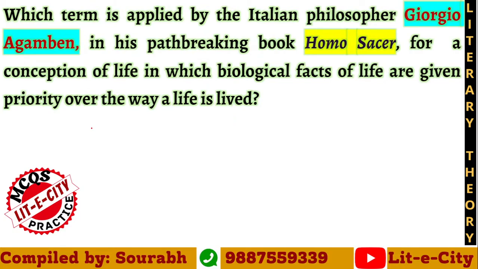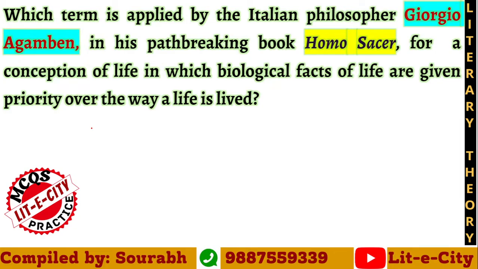Which term is applied by the Italian philosopher Giorgio Agamben in his path-breaking book Homo Sacer, for a conception of life in which biological facts of life are given priority over the way a life is lived?